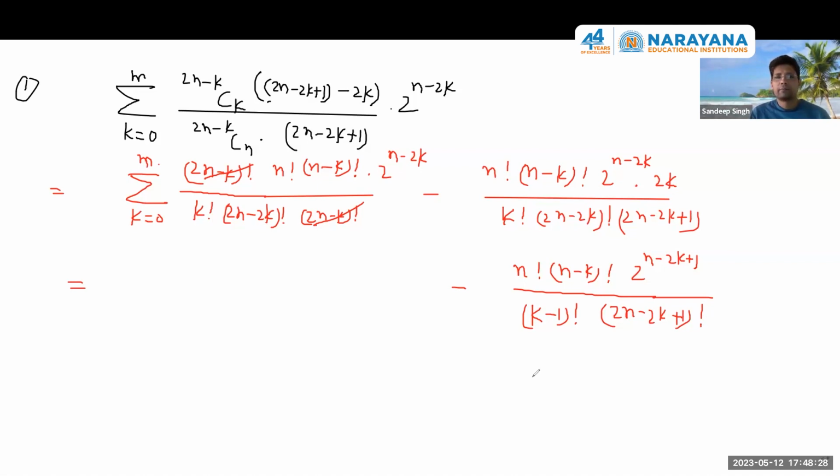Is that clear? Yes. And this is n factorial, n minus k factorial, 2 power n minus 2k, all upon k factorial and 2n minus 2k factorial. Tell me, is it clear or not?